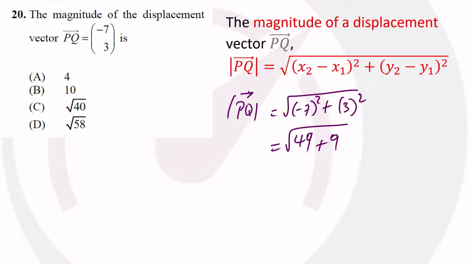Good. I'm happy nobody said 6. So now 49 plus 9, 2 nines are 18, carry 1, so the square root of 58. Beautiful. So our answer matches to D. Alright, question 21. Let's look at that one.